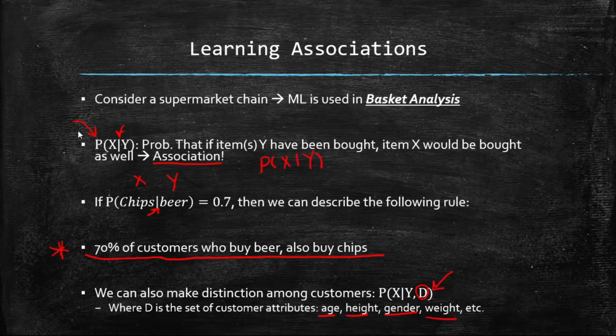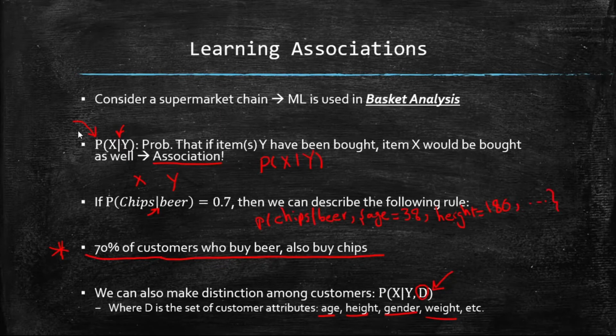So then you can come up with this kind of notation here that, okay, what is the probability of chips given beer, and say the age equals 38 and the height equals, I don't know, 180 centimeters, etc., etc. Anyway, you got my point.